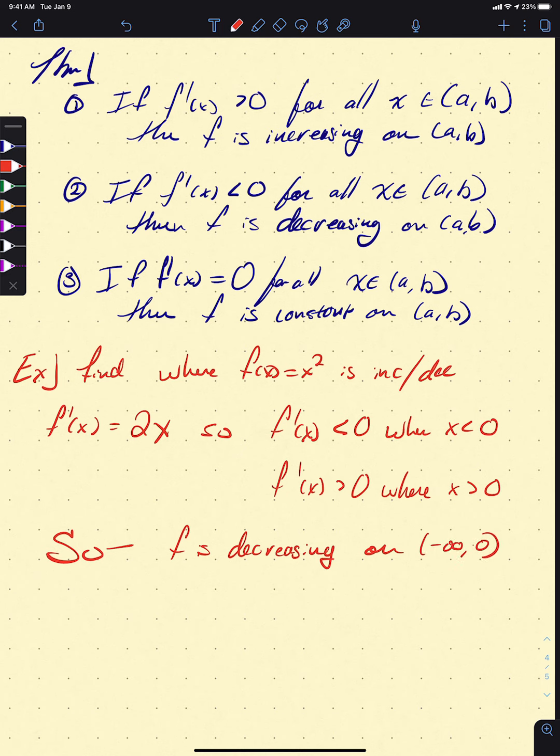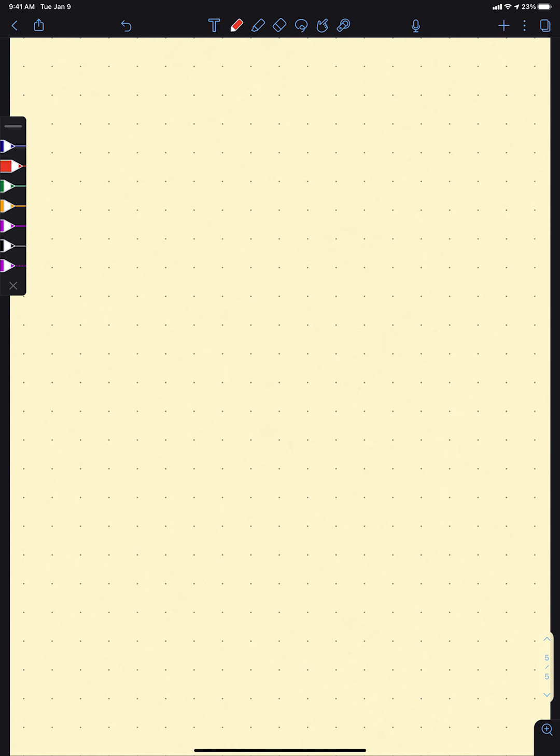So we're negative infinity to 0. And by a similar strain of logic, f is then increasing on 0 to infinity.